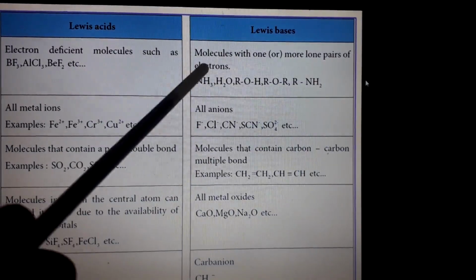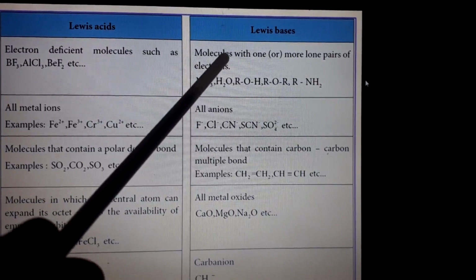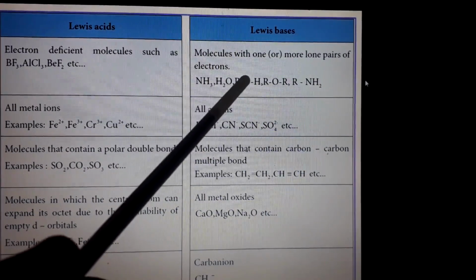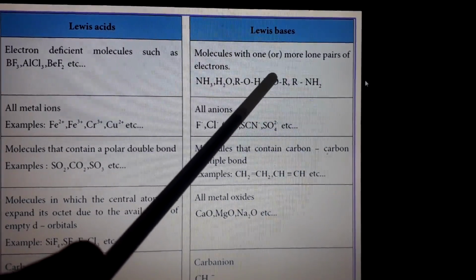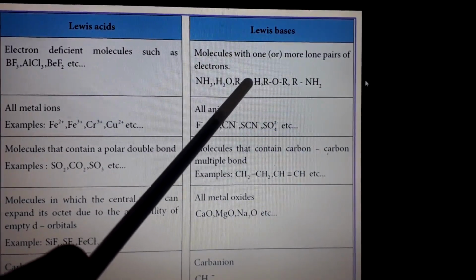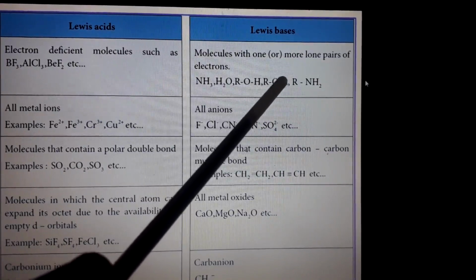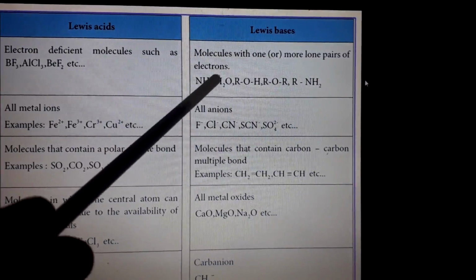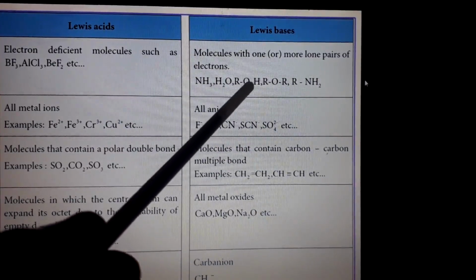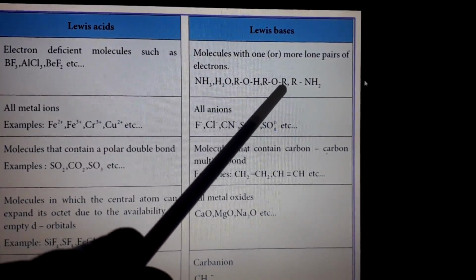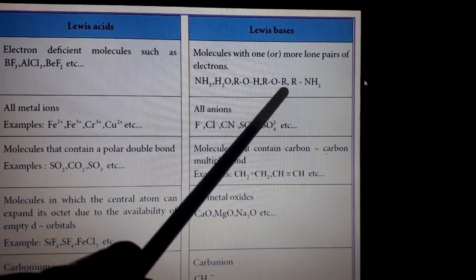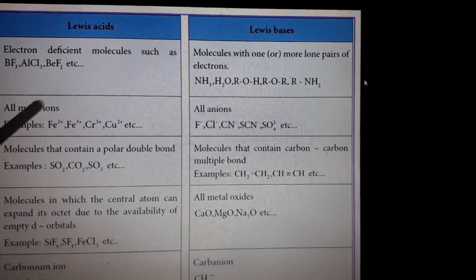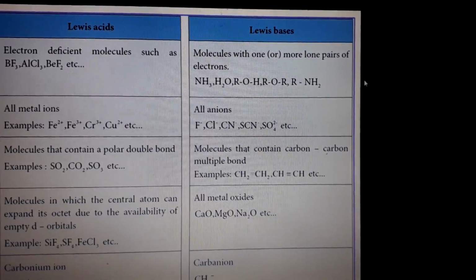Lewis bases have one or more lone pairs of electrons: ammonia, water, alcohol, ether and amine. Okay, these are the examples for Lewis bases. Next, all metal ions.